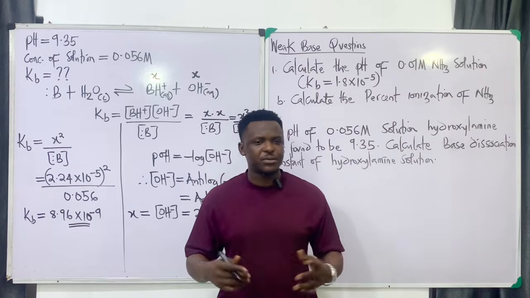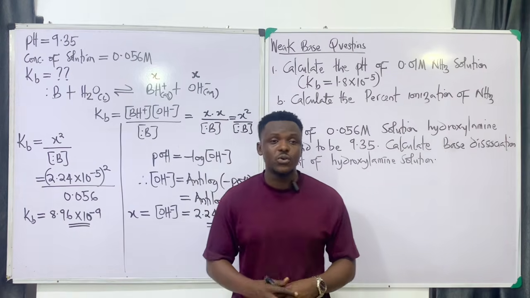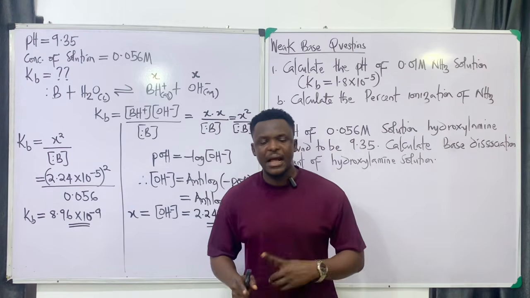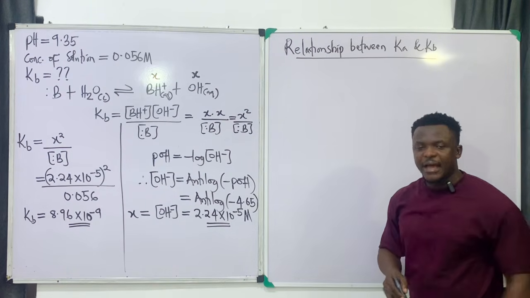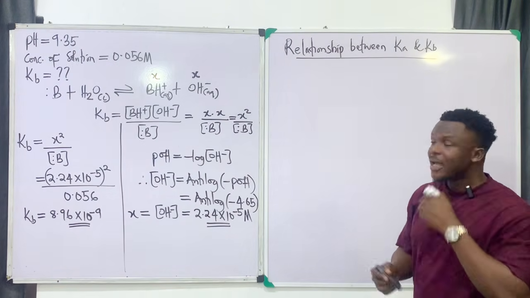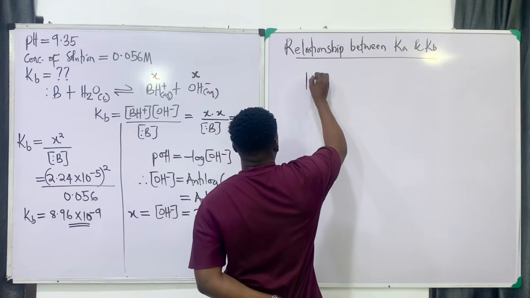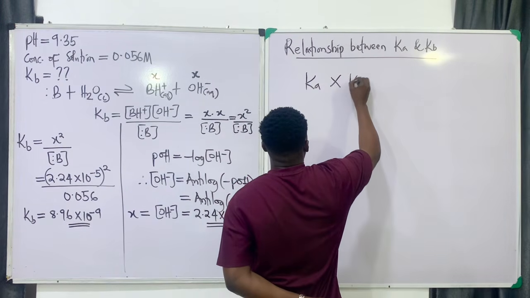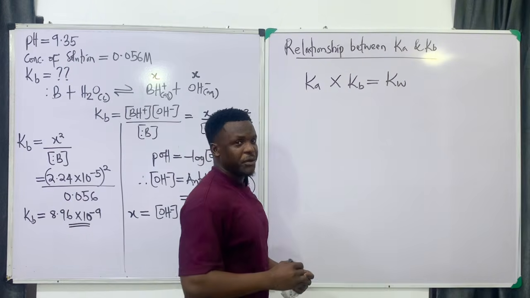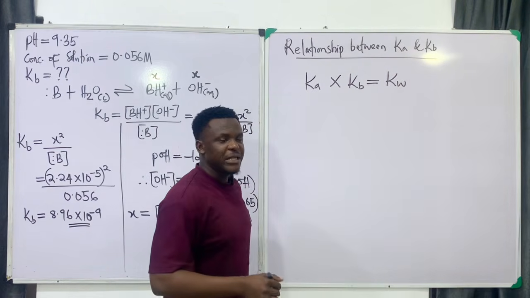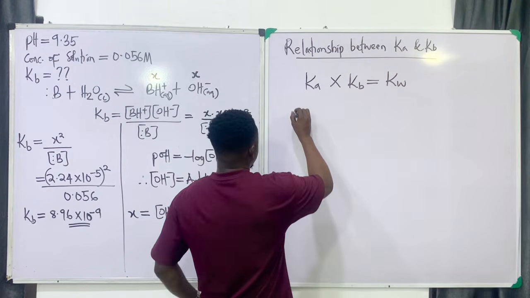What is the relationship? Because in the exam, they can ask you, what is the relationship between Ka and Kb? Now the relationship between Ka and Kb is as follows. Ka times Kb is always equal to Kw, and Kw is the ion constant of water.